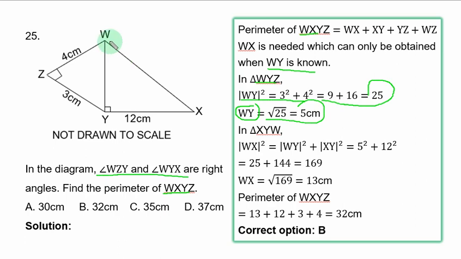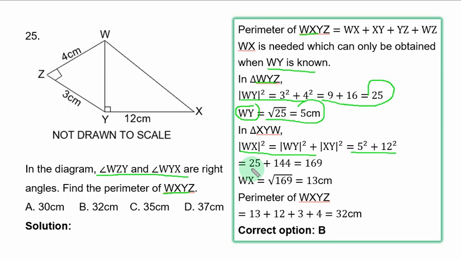We also get WS using Pythagoras rule. So in triangle SYW, you have WS squared. The hypotenuse is equal to sum of squares on the other two sides, that is 5 squared plus 12 squared.